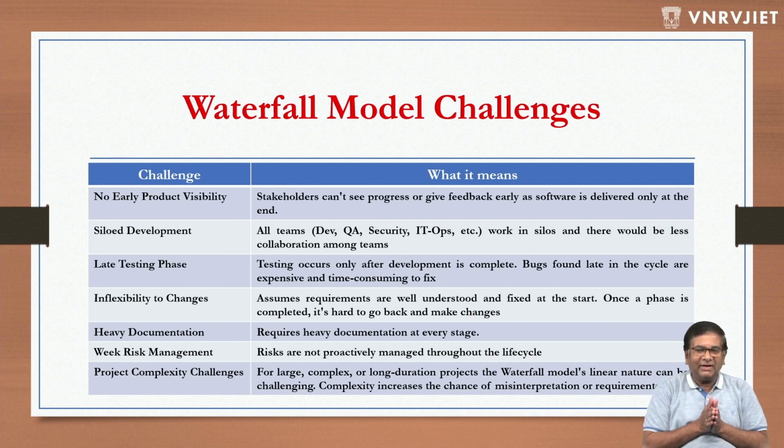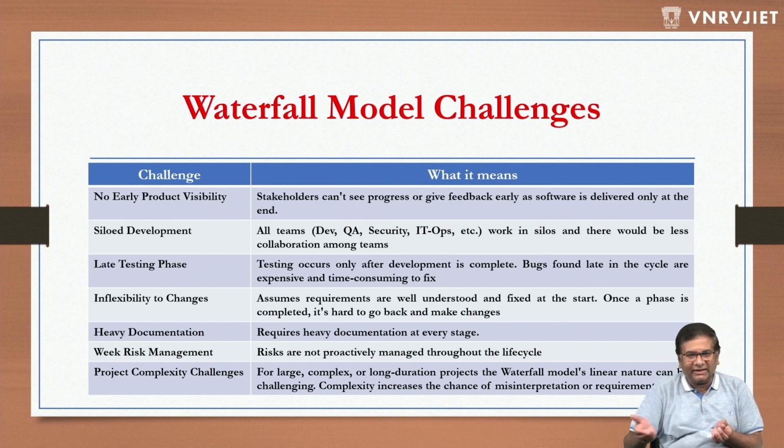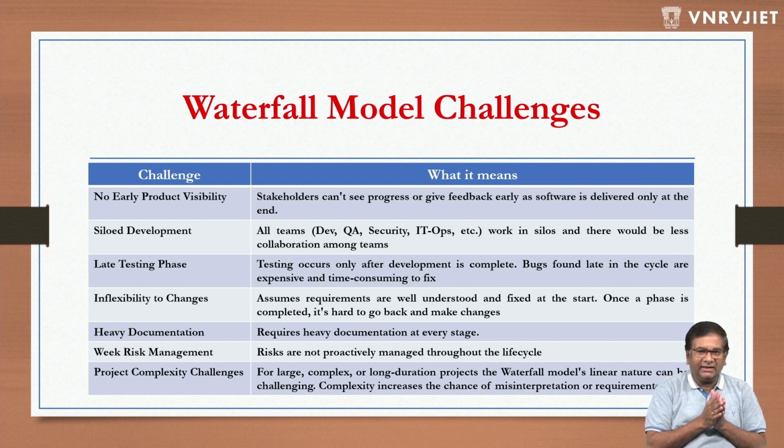That is another problem, and it is actually a good thing sometimes, and sometimes a bad thing, because the waterfall model requires heavy documentation. If a lot of time and focus are invested in heavy documentation which could change in the future, then the documentation is no longer valid, right? So this is something that needs to be corrected in the waterfall model.